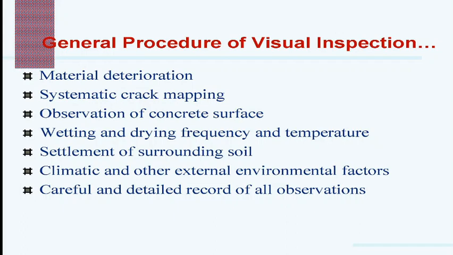This deterioration is often indicated by surface cracking, and examination of the crack pattern may provide a preliminary indication of the causes. Systematic crack mapping is a valuable diagnostic exercise when determining the cause and progress of the deterioration.